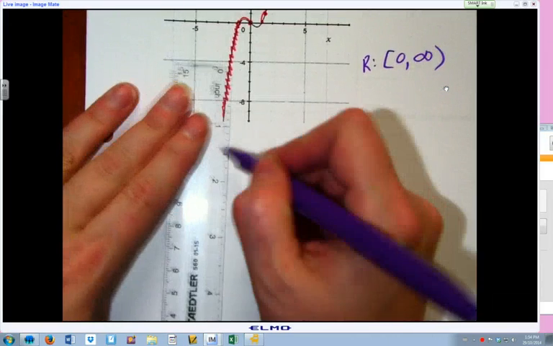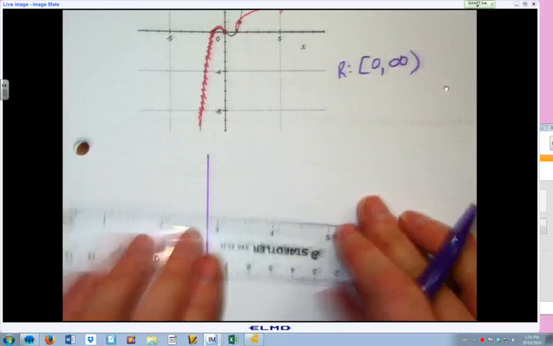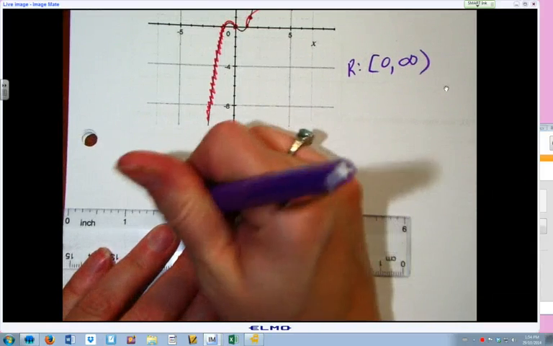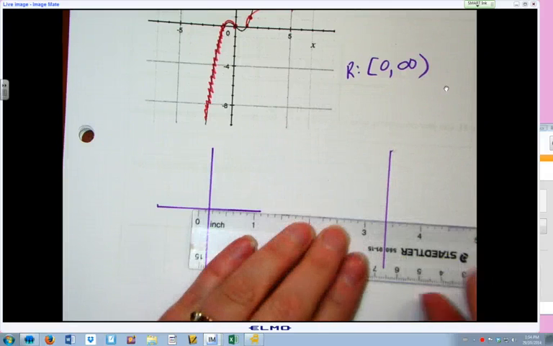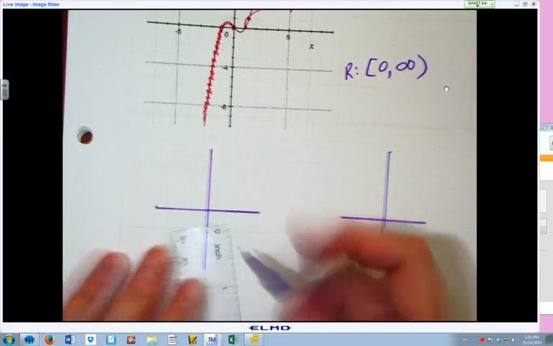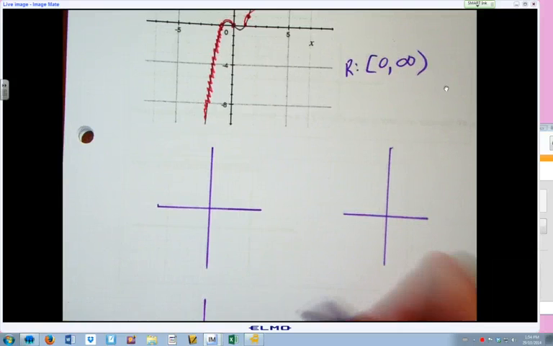Little summary for the left brainers. We like summaries. I'm just drawing 4 little sets of axes.